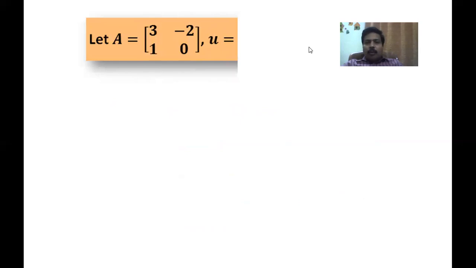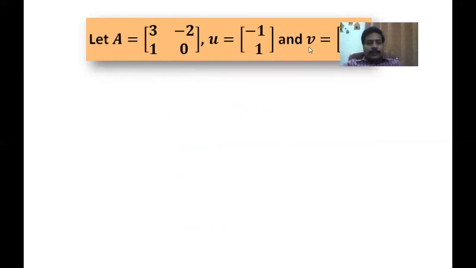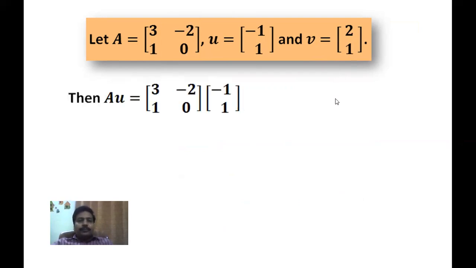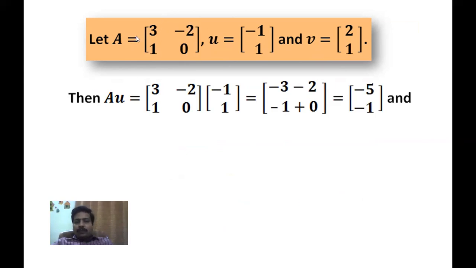Let us consider one more example. Let A be equal to 3 minus 2 1 0 and U is equal to minus 1 1 and V is equal to 2 1. Then AU is equal to, A multiplied with this U. So 3 into minus 1 is minus 3, minus 2 into 1 is minus 2, minus 3 minus 2 is minus 5, and 1 into minus 1 is minus 1 and 0 into 1 is 0.